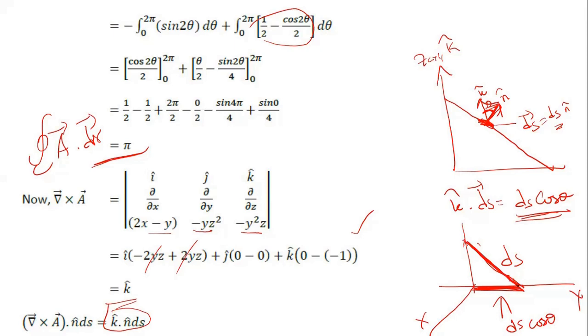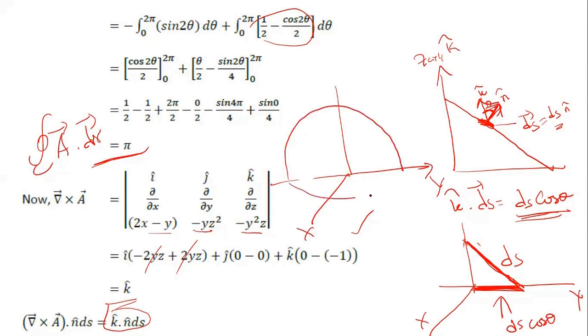Okay. So in our actual problem also, you have your xy plane here, and you have a half sphere like this, and over here your unit vector n cap will be outward unit normal to this. And if you take a ds vector here and there's a k cap here, if you take a dot product with this k cap, this will be simply a projection of this inclined surface on the xy plane.